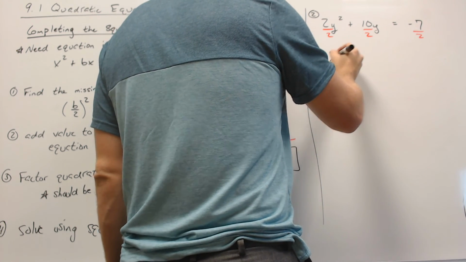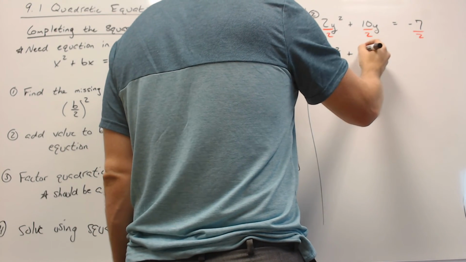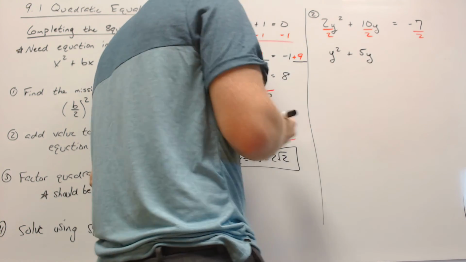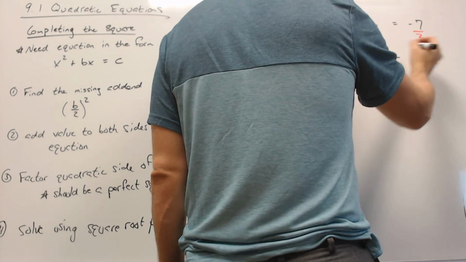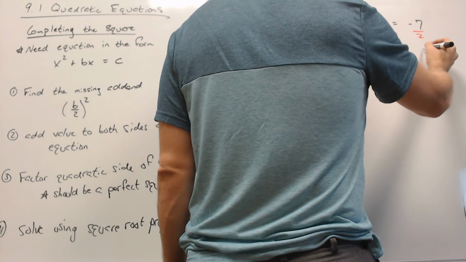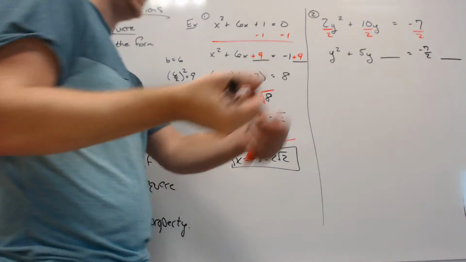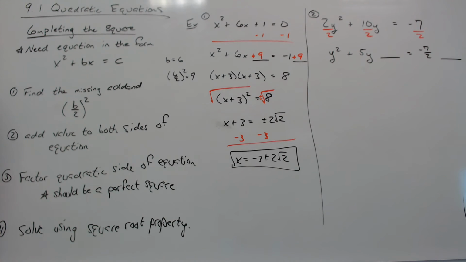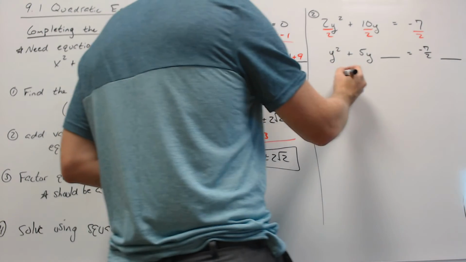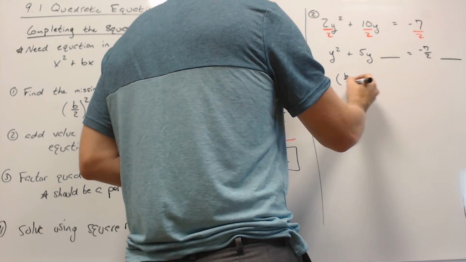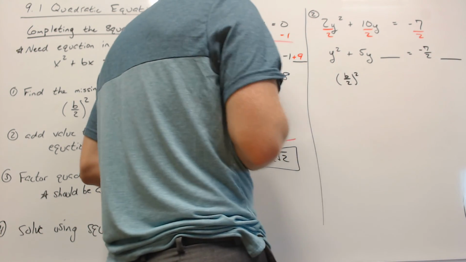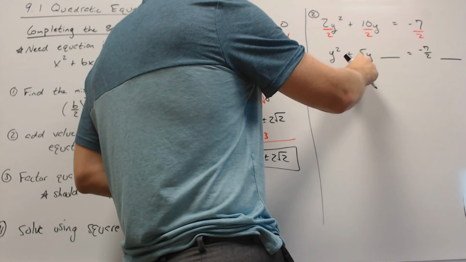Now we have y squared plus 5y, negative 7 over 2. I'm going to leave a little gap here because I know I'm going to add something to both sides of this equation. That something, we're about to find out, is going to be b over 2 squared. Right? And now that it's in the correct form, my b value is 5.